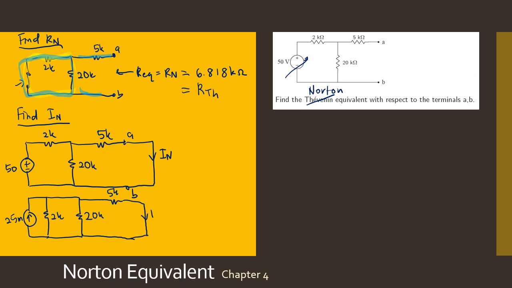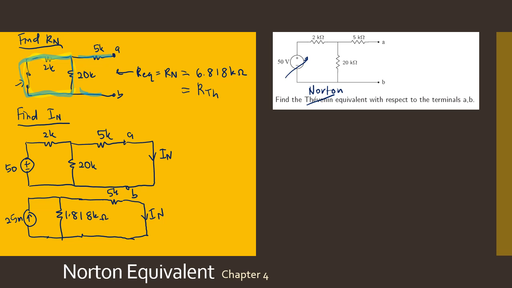Okay, and this 2k with 20 kilo, you can do the parallel rules, and what you will get is 1.818 kilo ohms.